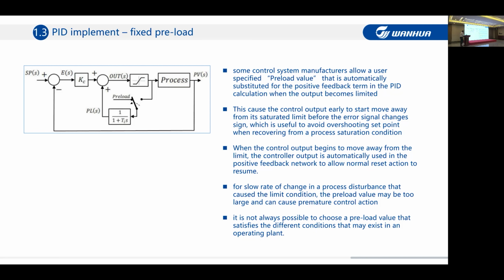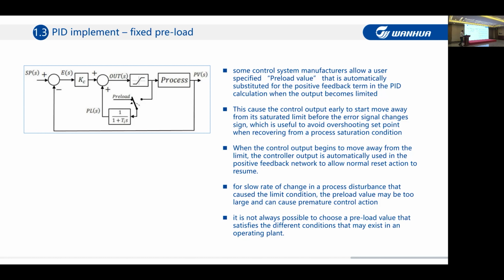This causes the reset part to start earlier to pull the PV back and avoid the overshoot. So this is the arrangement for the preload function.